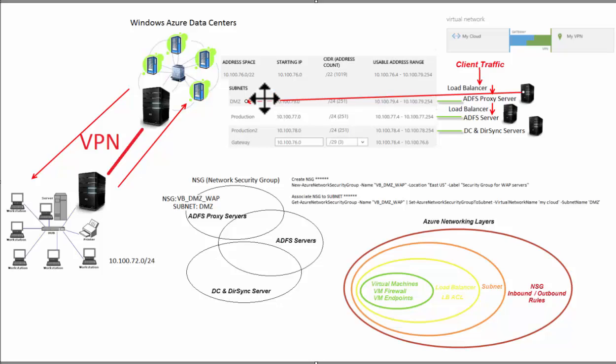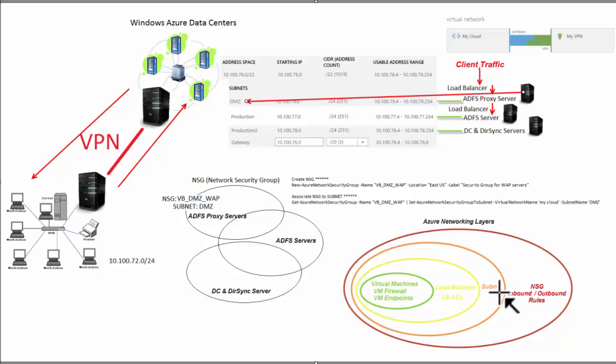But when you put it all together, in this image for the Azure networking layer, think of the NSG as a big bubble, a big egg, and within that it has to be associated with the subnet.